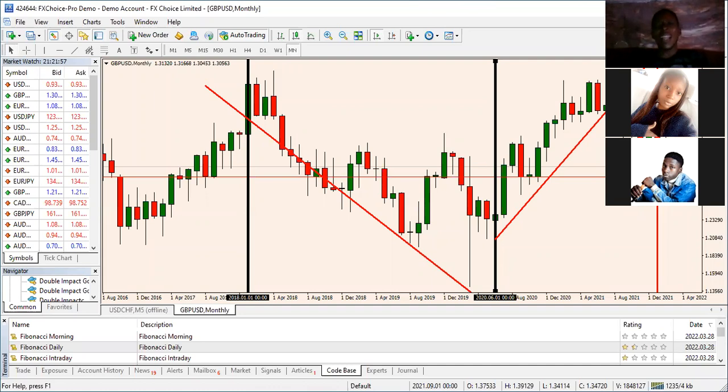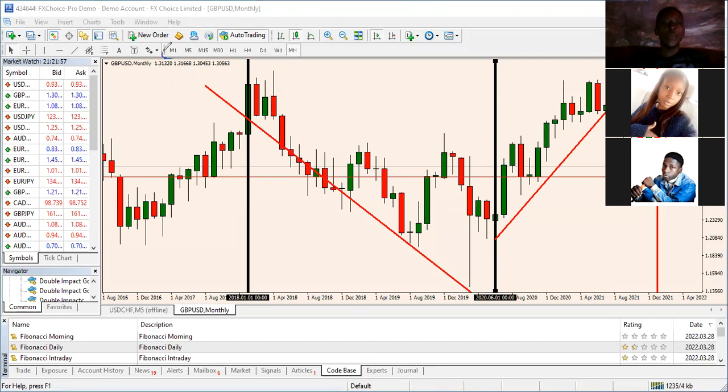So when you want to understand or get the direction of the market, go to the higher time frame. And what is the time frame? The time frame is what you see from the top side of the screen above. Yes, sir.